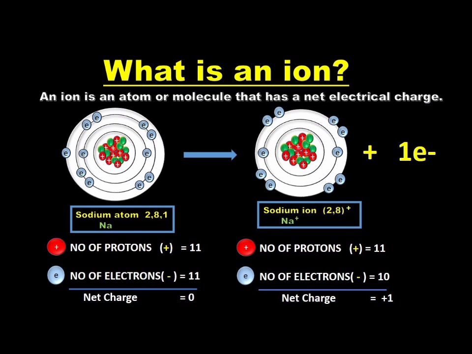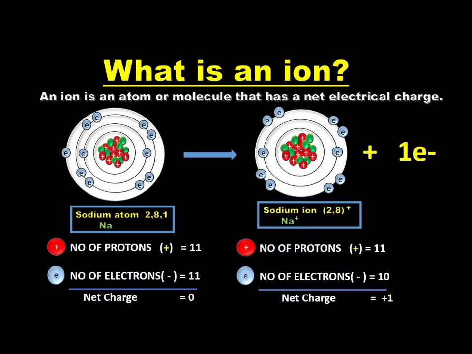All right, now remember that atoms have the same number of protons, positive, as electrons, which are negative. If an atom, which was neutral, loses electrons, which are negative, the atom becomes more positive.